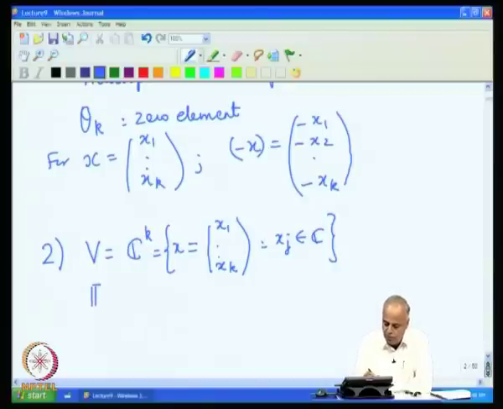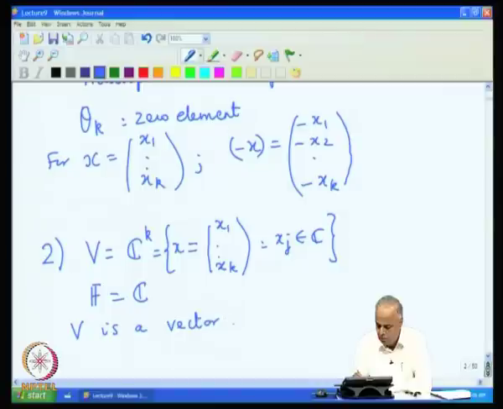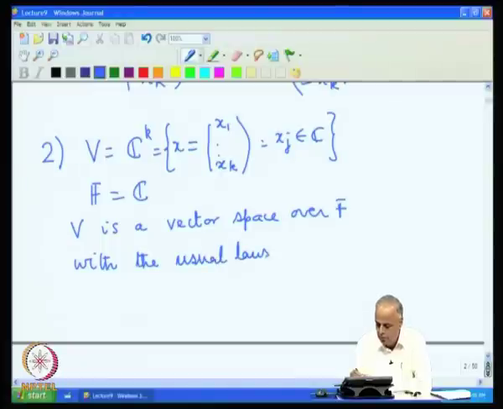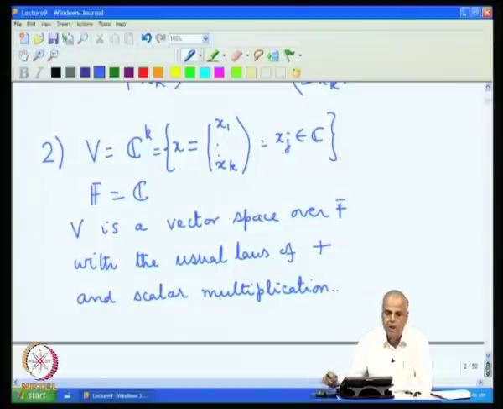Then we take F to be C, then V is a vector space over F, that is C k is a vector space over C with the usual laws of addition and scalar multiplication. Again I repeat, when we say usual law, it means entry wise addition and entry wise scalar multiplication.